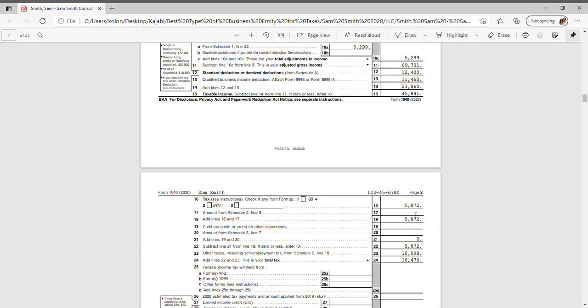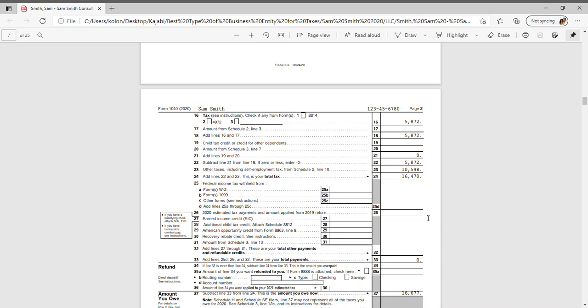There's no adjustments here, so nothing to calculate for line 17. Same with line number 19, line number 20, nothing to adjust there. And that's why we have that 0 on line number 21.